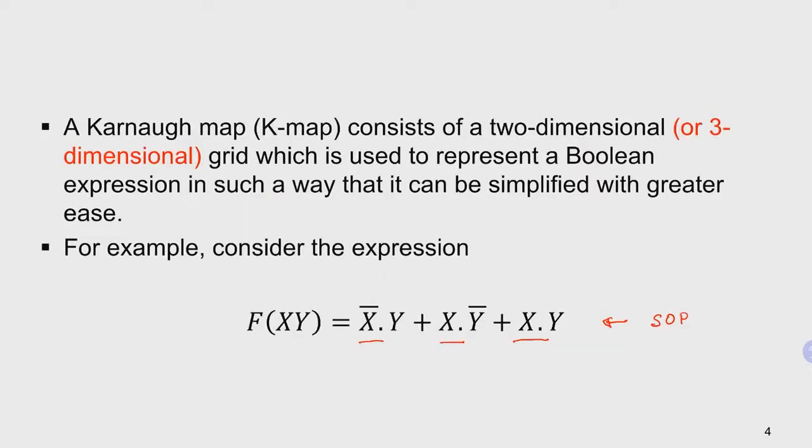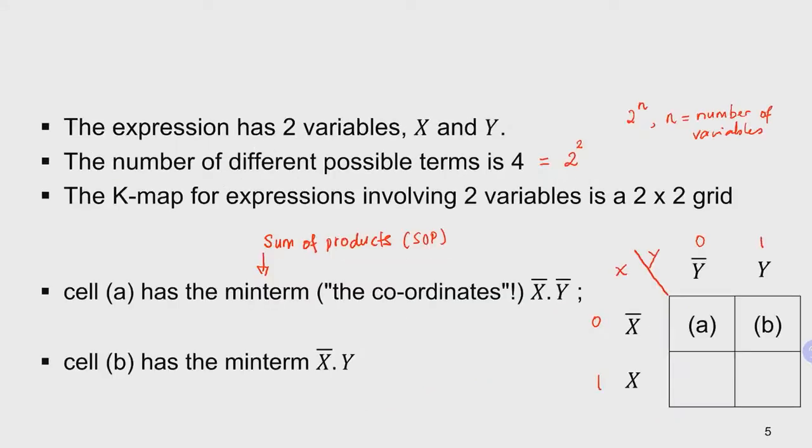And each of these terms here is called a Minterm. Okay, so our cell A is the Minterm for X bar, Y bar.